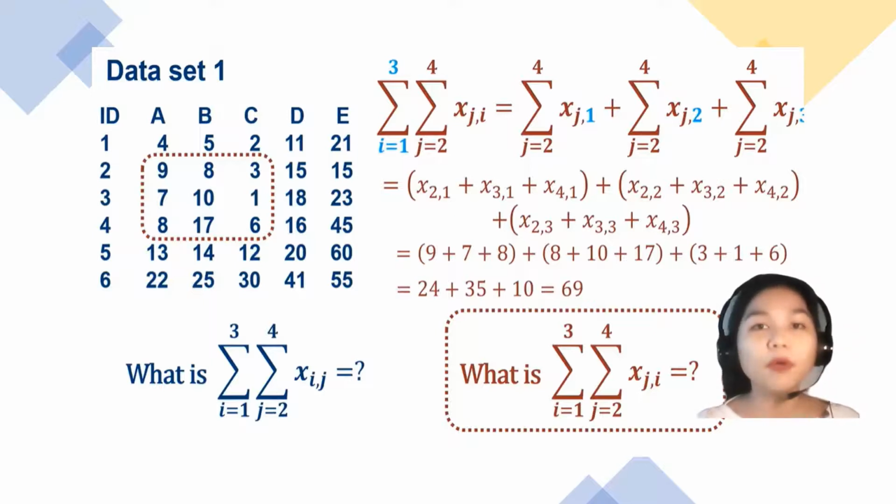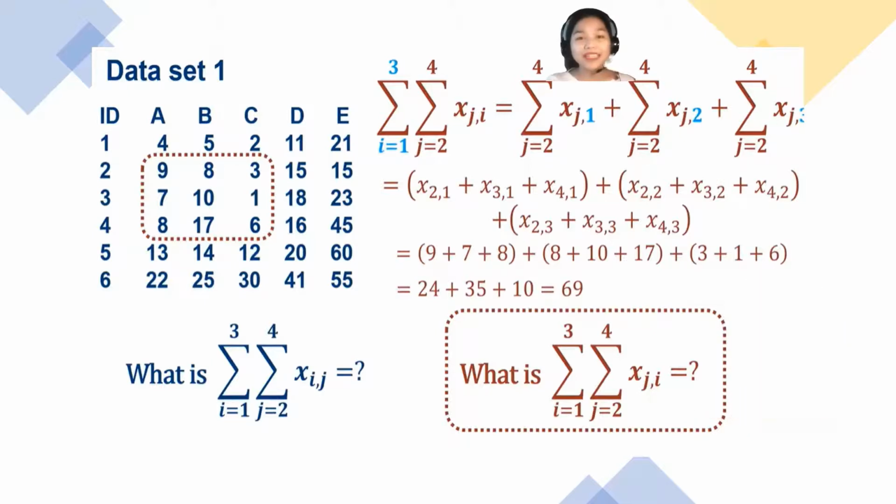Yung j pa rin po ang row. At saka yung i pa rin po yung column. So, pangpagulo lang po ito, ano? Catchy po yung summation notation natin. Pero wag po tayong ma-confuse. Ang ating pong pagbabasihan ay ang formula of the term. At ang sabi ng formula of the term, summation of xji. Yun po ang ating ipa-follow.